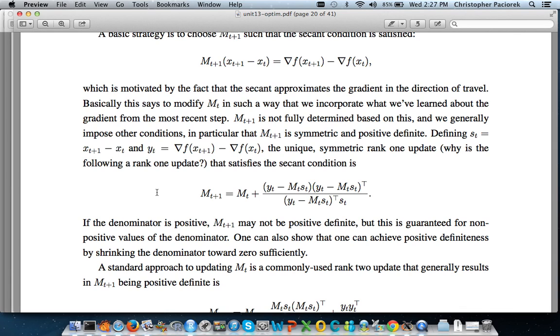So why is this a rank 1 update? So this piece here, y minus mt st, what is this, a matrix or a vector? It's a vector, right? So this is an outer product of a vector with itself to create a matrix.